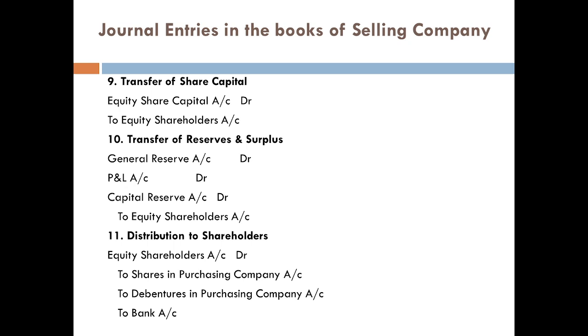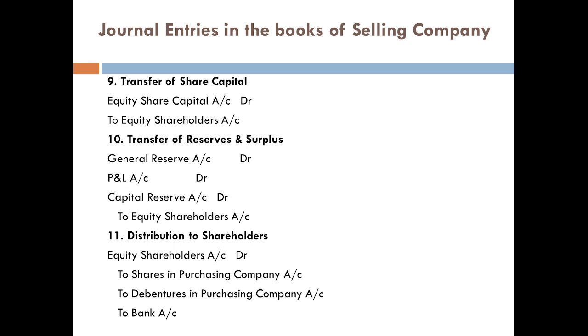The next one is transfer of reserves and surplus. So this reserves and surplus belongs to whom? It belongs only to the equity shareholders. In case of preference shareholders, if they are participative preference shareholders, then alone they will be taken into consideration. But generally all reserves, the residual profit, the retained earnings belong to equity shareholders only, because they are the original owners of the company.